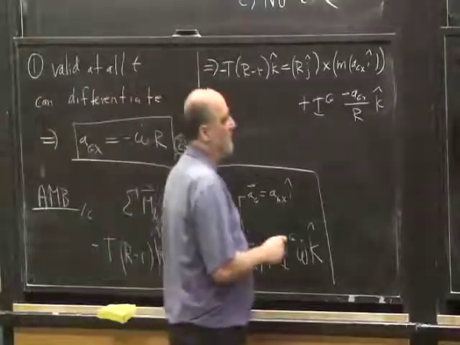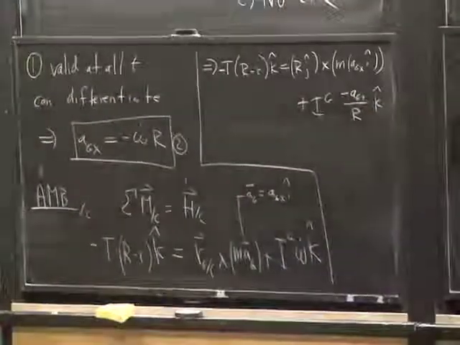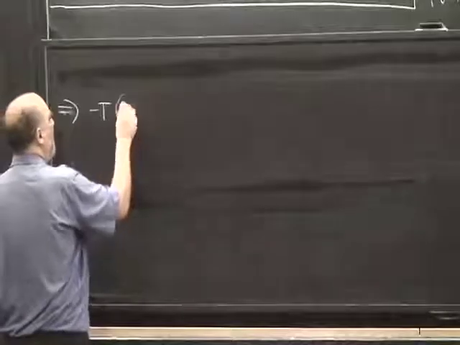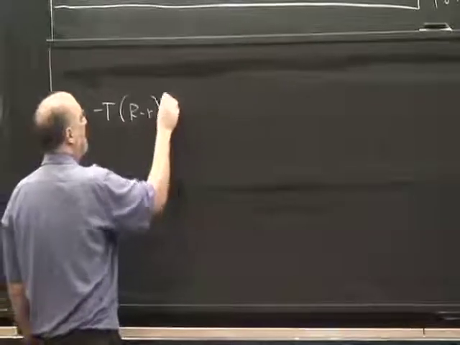Now we have to do this cross product, and then we can combine terms. So on the left-hand side, there's not much we can do with that. Minus T (R minus r) in the k direction.